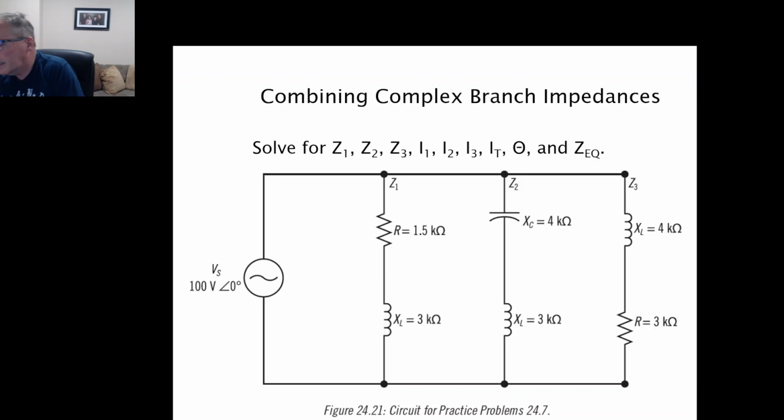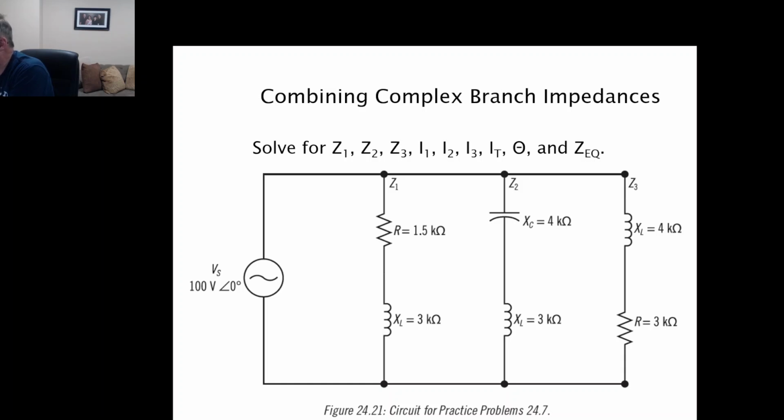So let me draw this circuit. I'm just going to say Vs equals 100 volts at 0 degrees, and then Z1 is going to equal 1.5K at an angle of 0 plus 3K at an angle of 90.